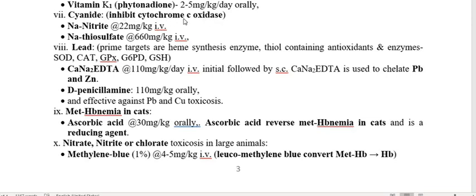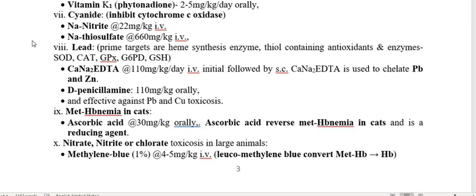This is a mitochondrial enzyme participating in the molecular respiration, and this molecular respiration gets inhibited. Cyanide is going to inhibit ATP synthesis by inhibiting this cytochrome C oxidase, because cytochrome C oxidase is finally participating in ATP generation.